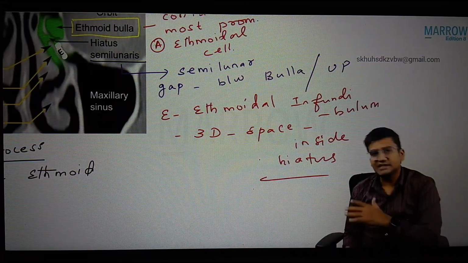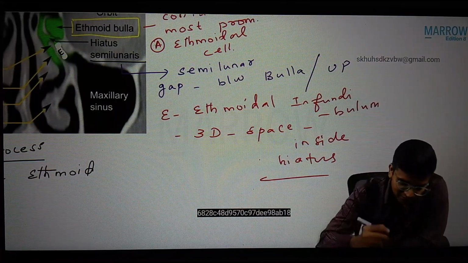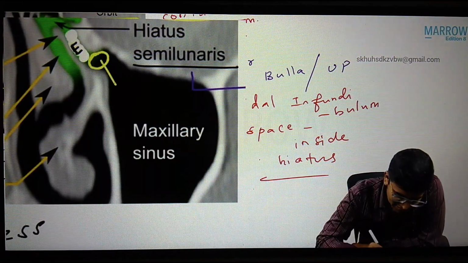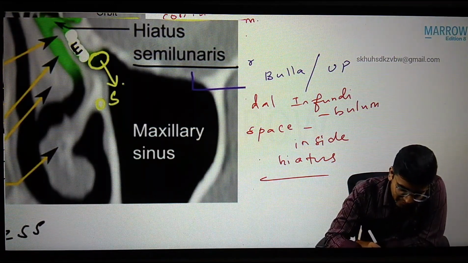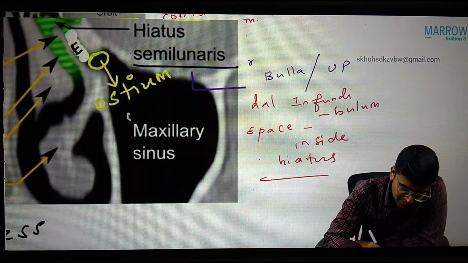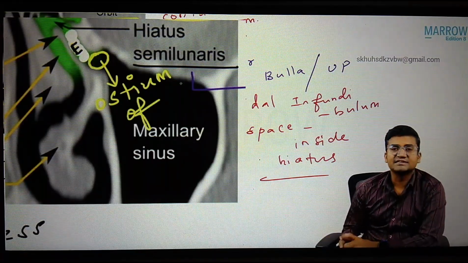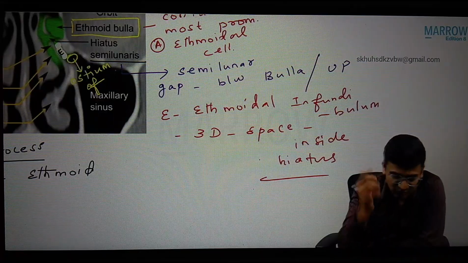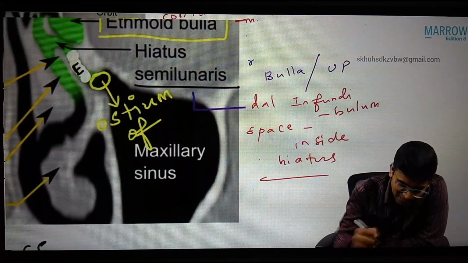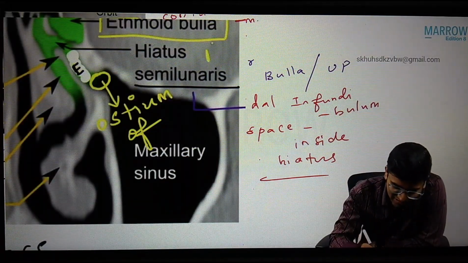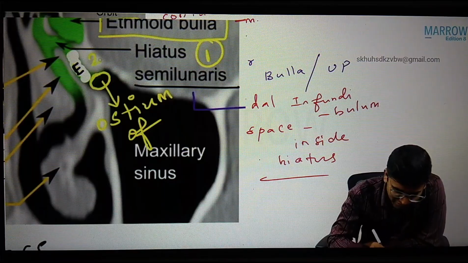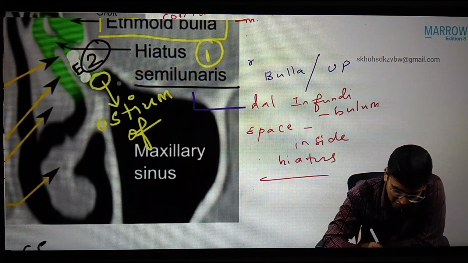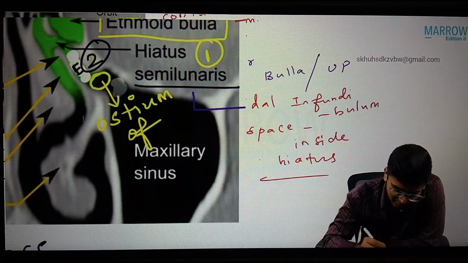Again, if you go inside the ethmoidal infundibulum, then we are seeing the ostium of the maxillary sinus. That is our opening, the opening of the maxillary sinus. Now, the three structures: I am going to mark the hiatus semilunaris as number 1, the ethmoidal infundibulum as number 2, and the ostium of the maxillary sinus as number 3.